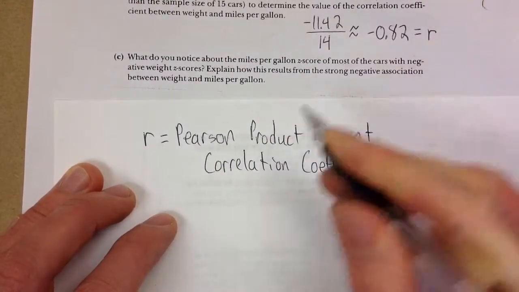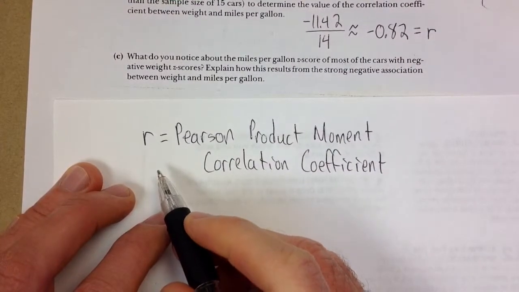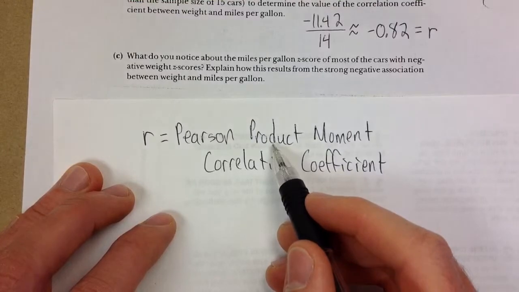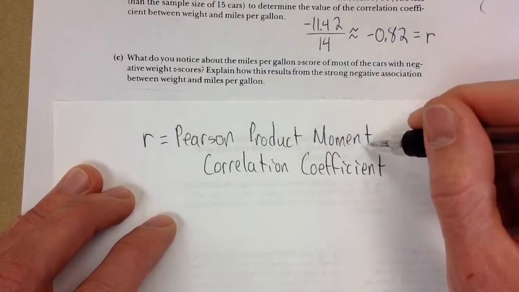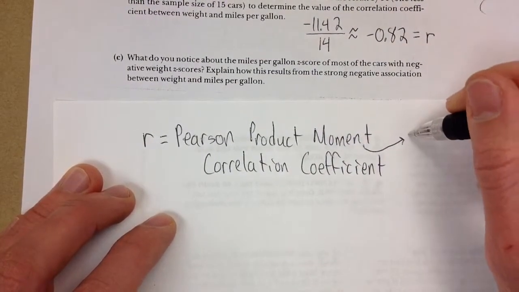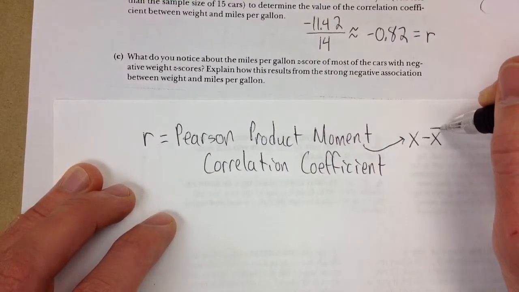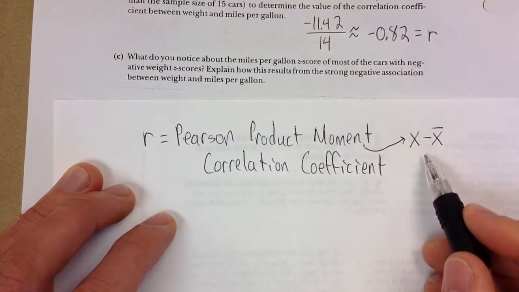Fortunately, we just call it r because it has a really long name. This is after Karl Pearson. This is because you're taking the products of the z-scores. A moment is Karl Pearson's lingo for a value minus the mean, which is what you do when you find z-scores.